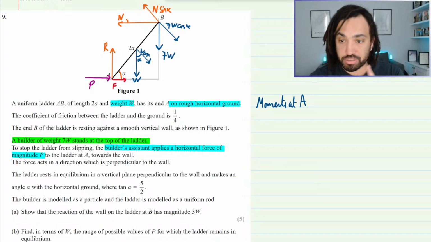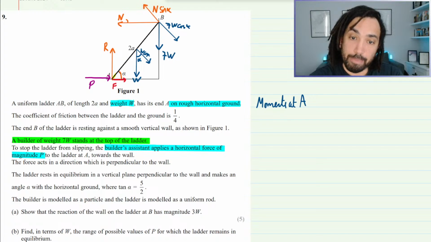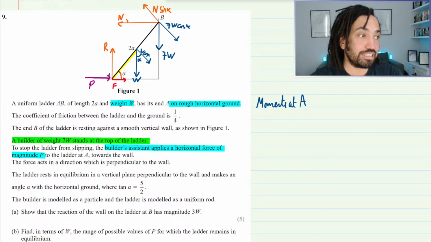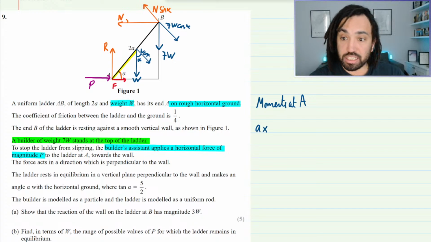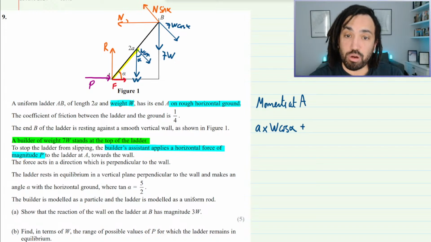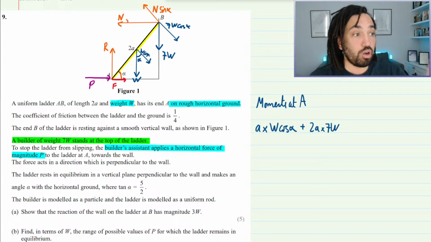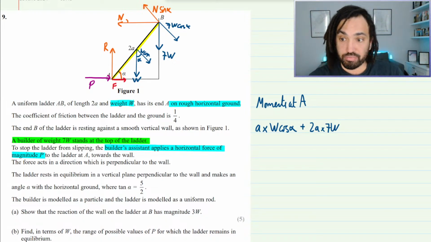So let's do those moments. We go along the ladder like so. The first force we hit is a distance away, and it is W cos alpha, and then we keep going. The next one we hit, well, there's 2 right there, aren't there? So 2a times 7W, and those 2 are acting clockwise, so we'll put them on the same side of the equation.